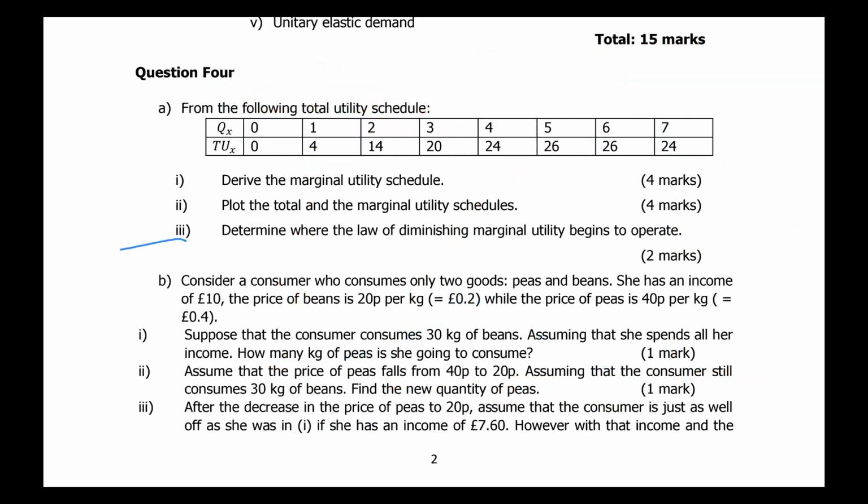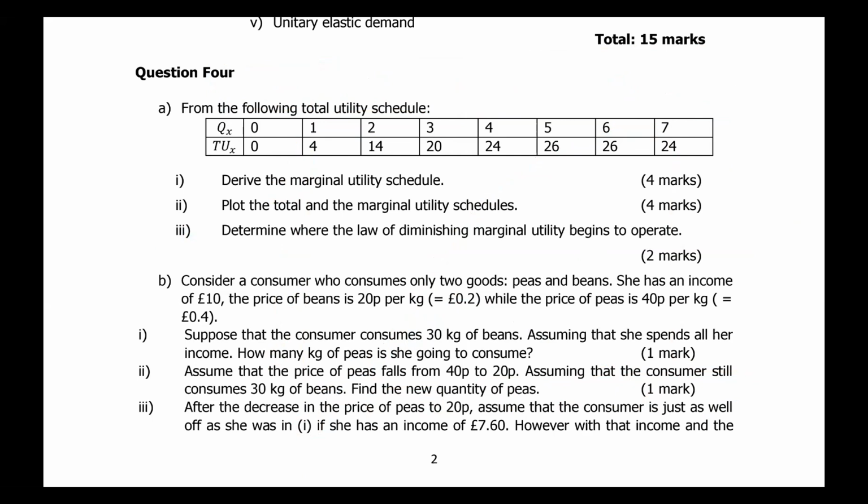Can you determine now where the law of diminishing marginal utility begins from? Oh, I have erased this. So by the way, what does the law of diminishing marginal utility state?